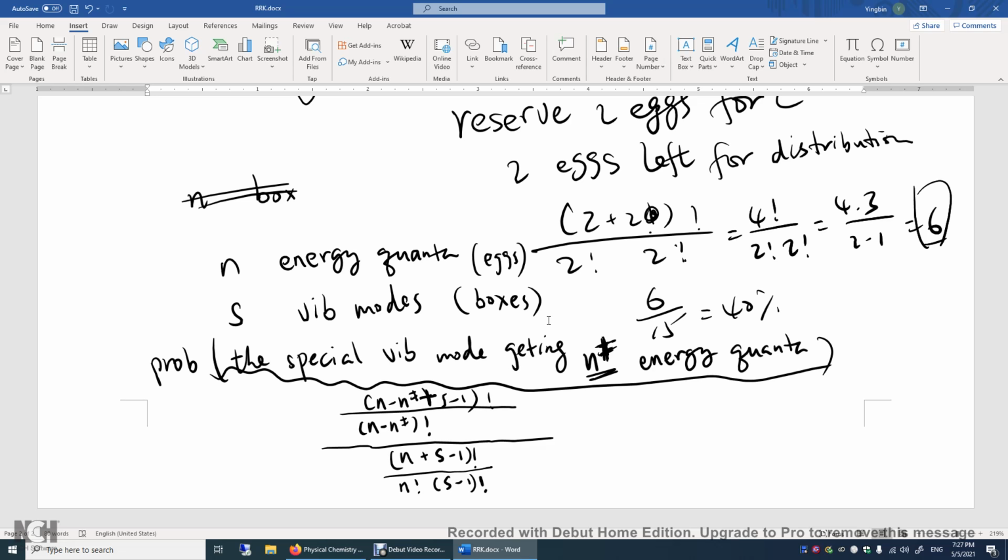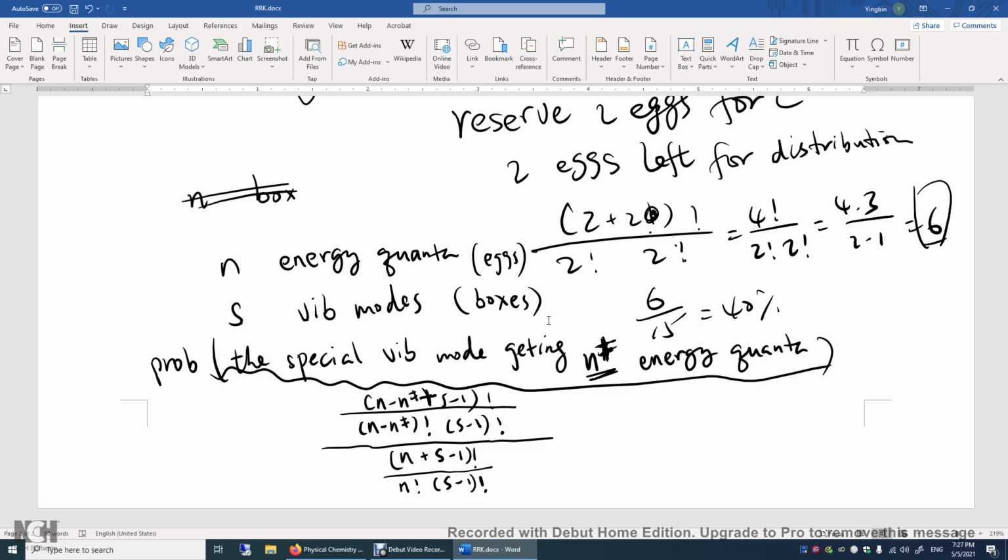All right, so this is the number of permutations of n minus n double dagger eggs, because we have reserved n double dagger eggs for the special box. And then there are s minus 1 boxes.